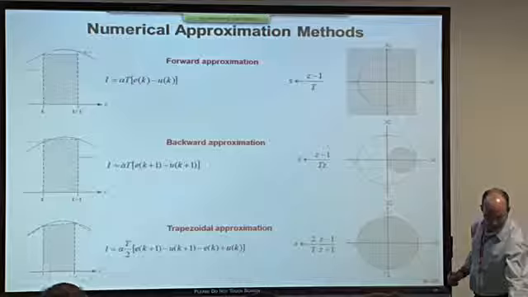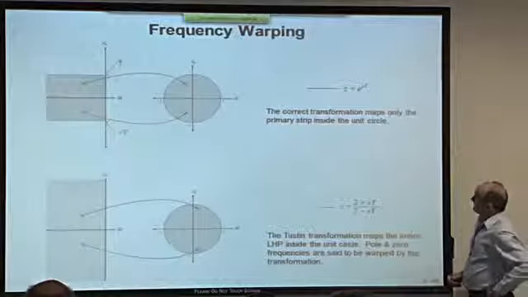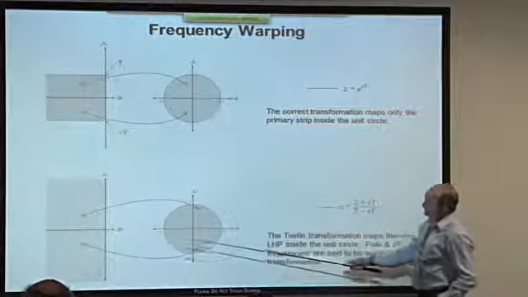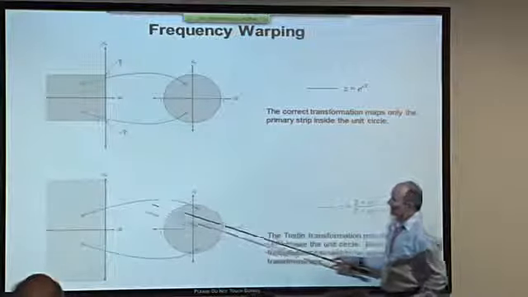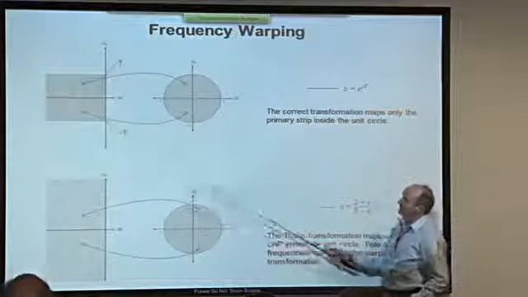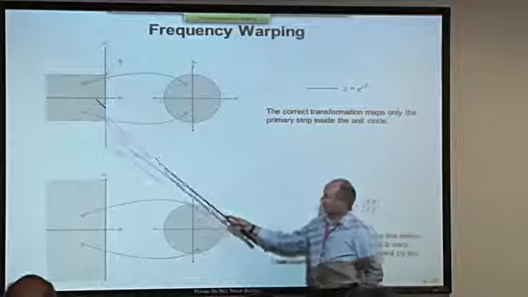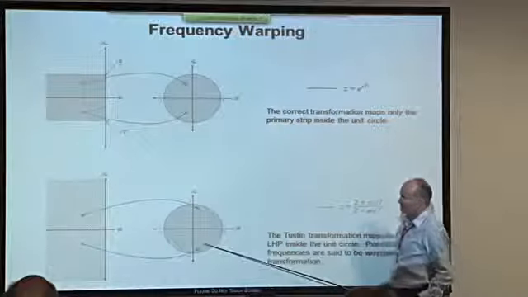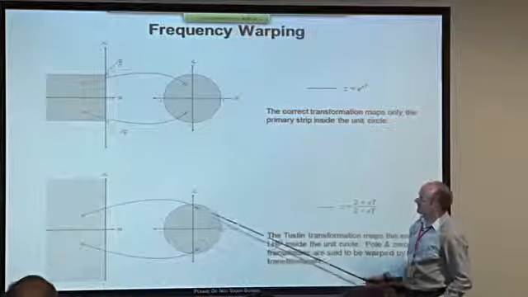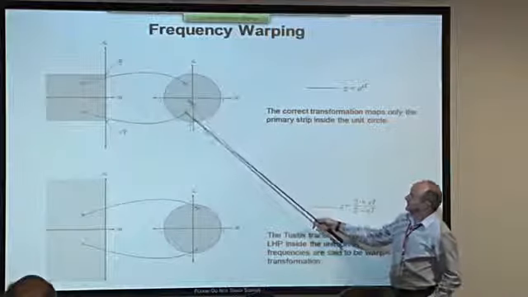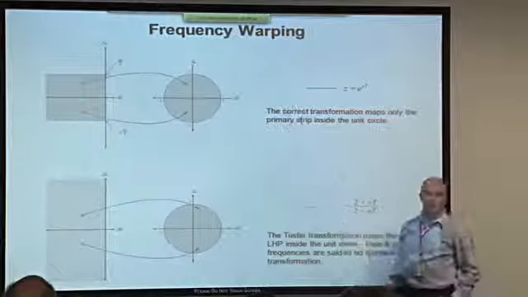I've summarized these 3 approximation methods here. What happens is this. Using Tustin, we map the entire left half plane inside the unit circle, and we only wanted the primary strip. So the poles have ended up in places that are not quite right. But what we can do is apply a technique called pre-warping.